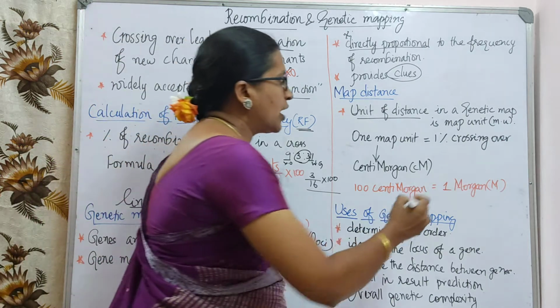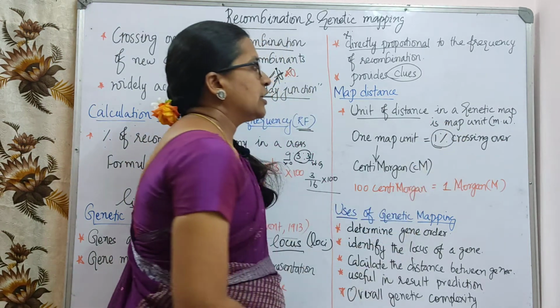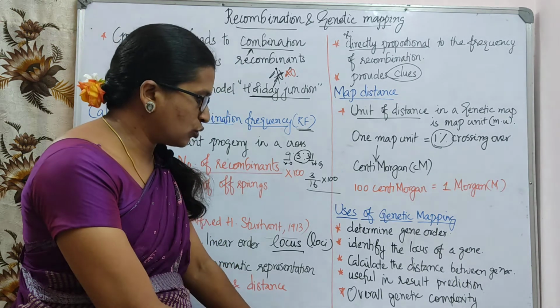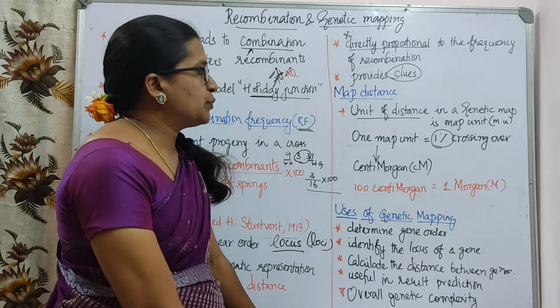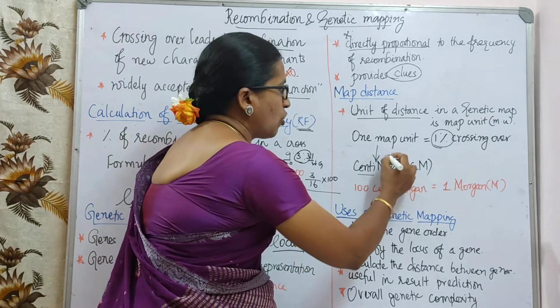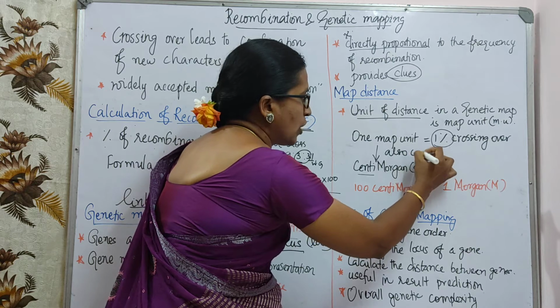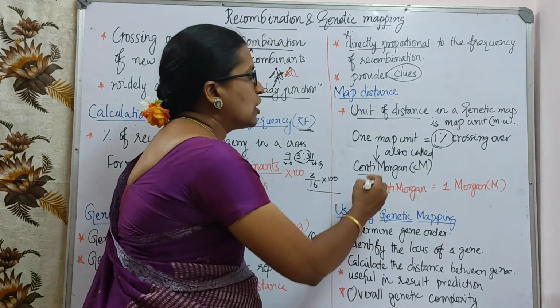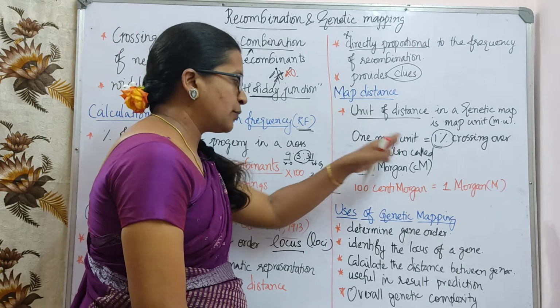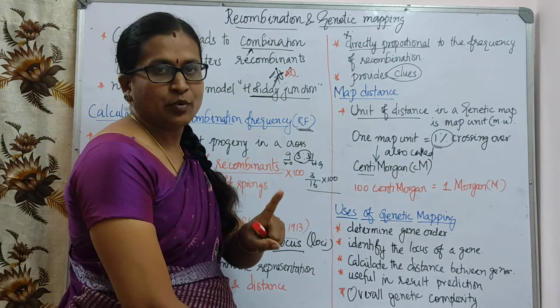What is that? One map unit is equivalent to 1% crossing over. So one map unit we can also call a centimorgan.